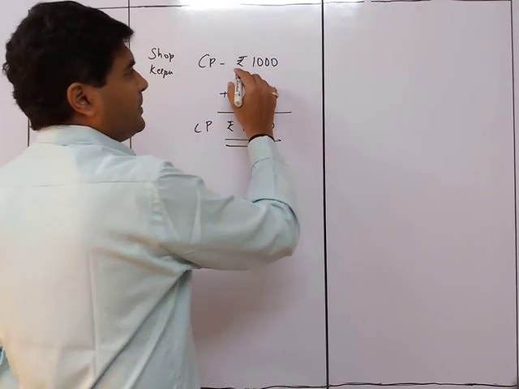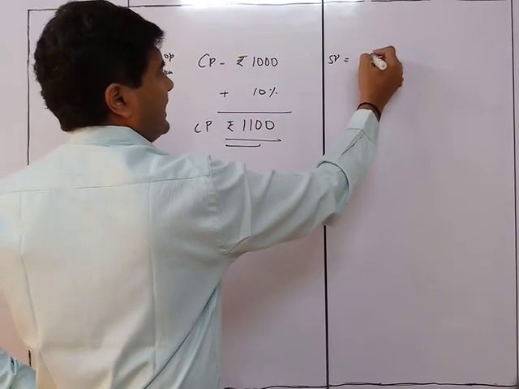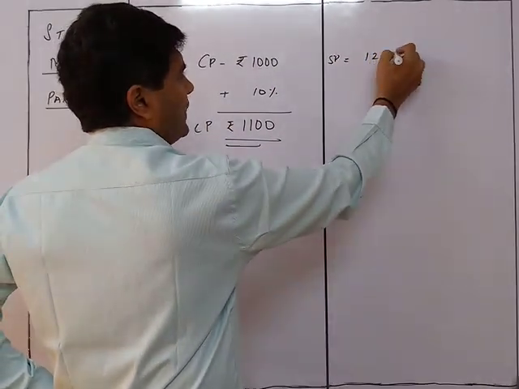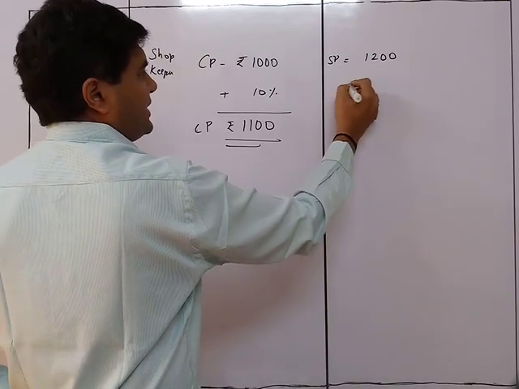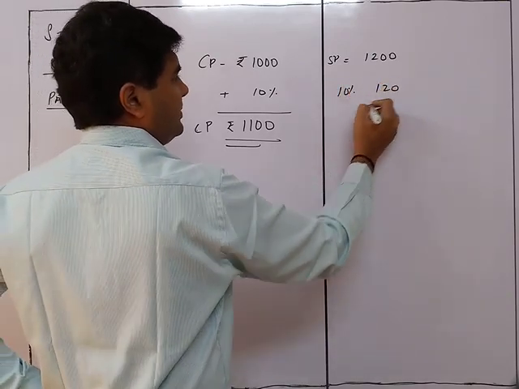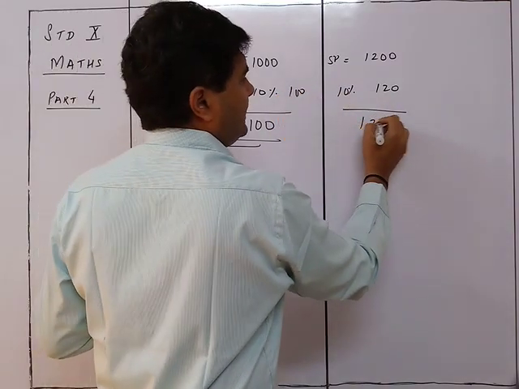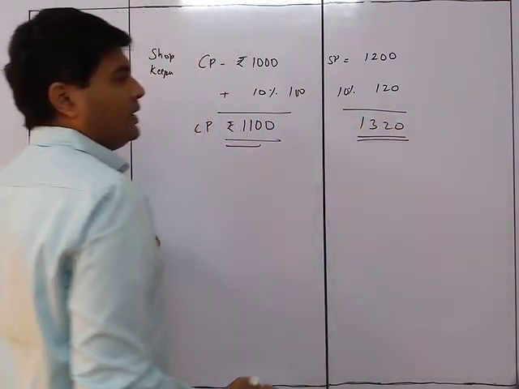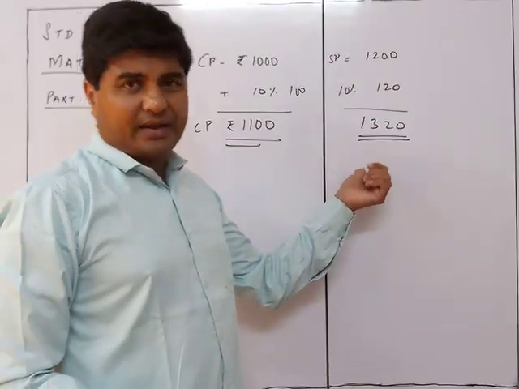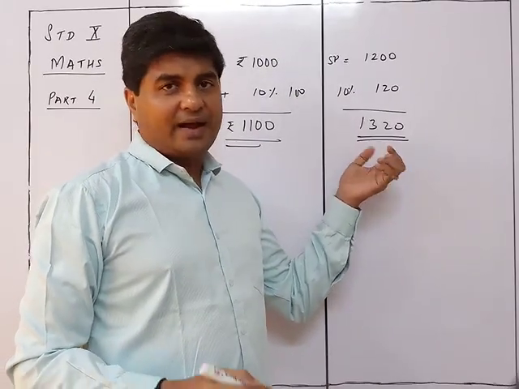Now if he is selling the material, the SP over here is given as, let's say, 1,200 rupees. Then the tax is 10%, so accordingly 120 rupees will be the tax. Accordingly it will be 1,320, the amount he is going to collect while selling that item.